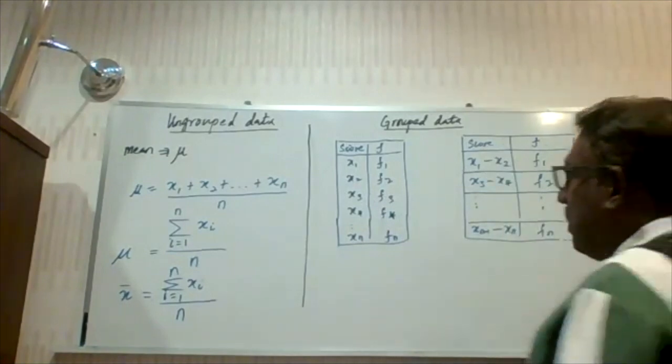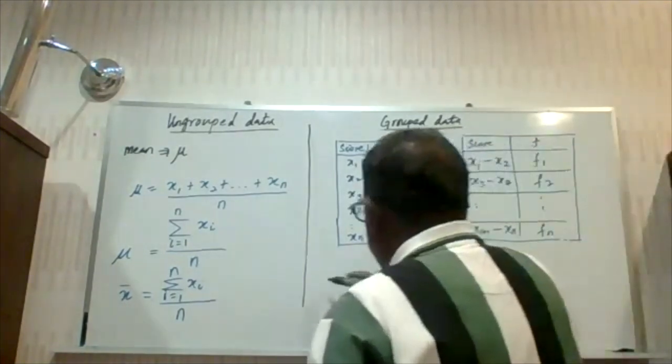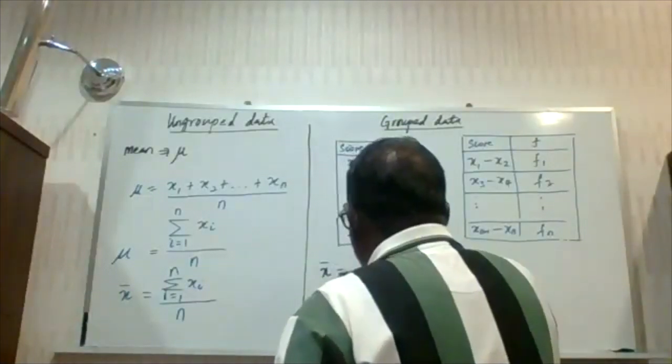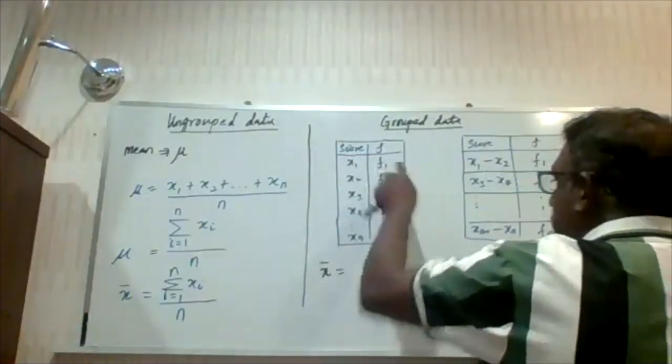In the case of this, your mean is calculated using this multiplied by that.